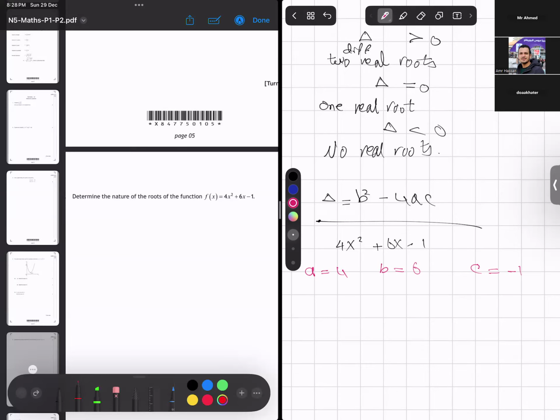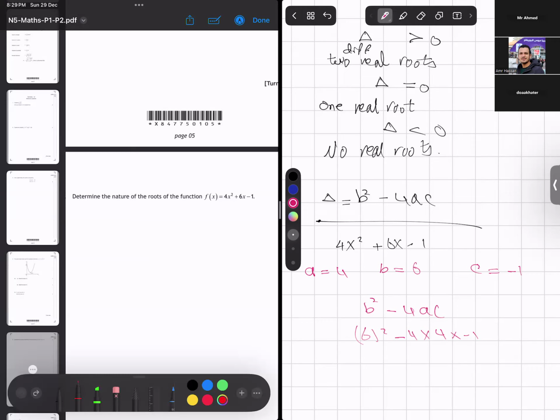Okay. So 6 squared minus 4 multiplied by A, which is 4, multiplied by negative 1. Pretty easy. I end up with a positive.